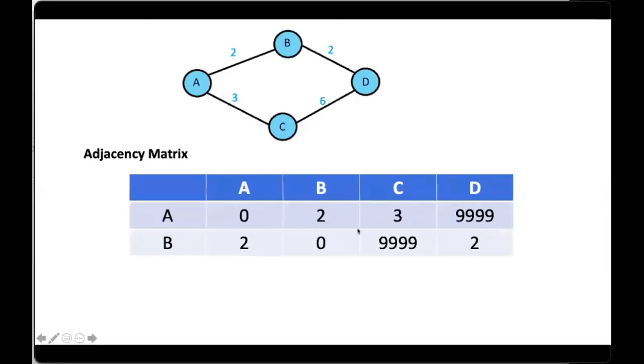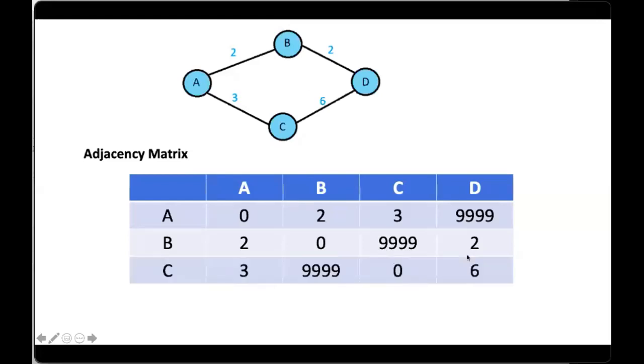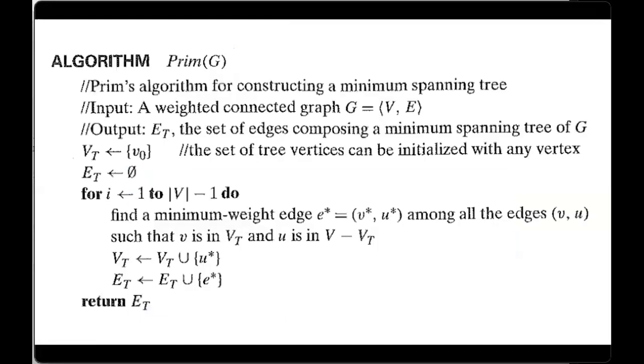Similarly, for vertex B, B to A is 2, B to B is 0, B to C, there is no connection. So this is the first step. You have to write down the adjacency matrix for the given graph. Then using the algorithm, we can construct the minimum cost spanning tree.